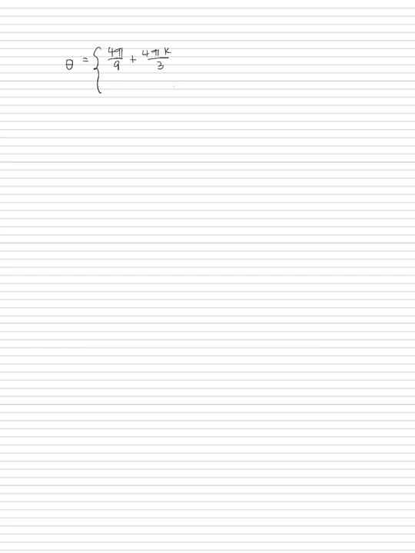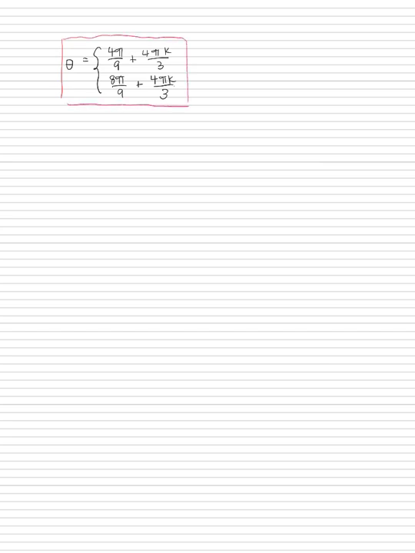And then another one will be 8 pi over 9 plus 4 pi k over 3. Yuck, it's looking so ugly, right? Okay, remember, we're going to have to take all the possible values of theta that are between 0 to 2 pi. So let's start plugging in some values for k and figure out which ones we should be keeping. Okay, so let me just box this because this is a very important solution.